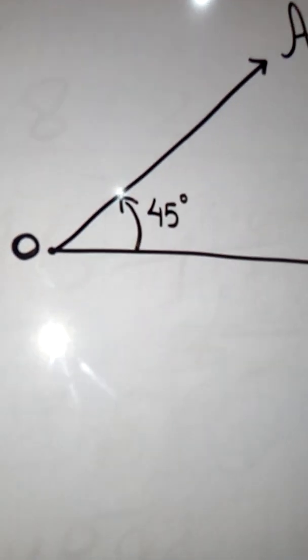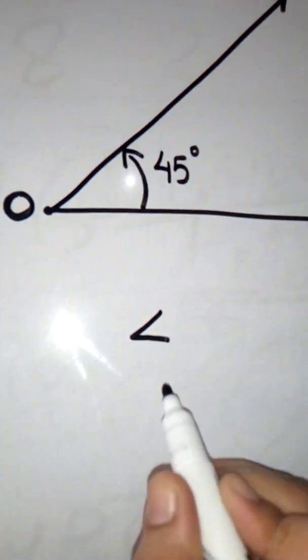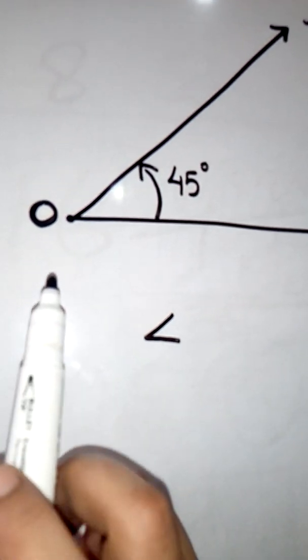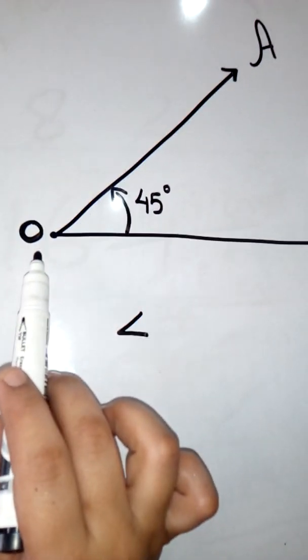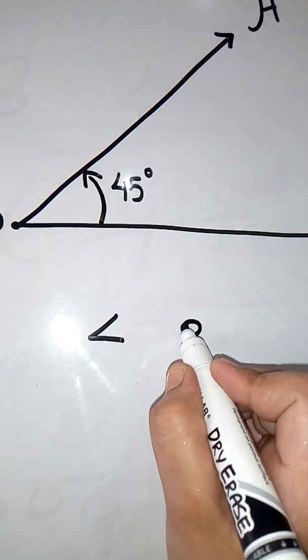For that, you have to know that the symbol of the angle is this one. First, you have to write down the symbol of an angle, and then whatever name you have given to your vertex will be written in between, because you are sharing this.